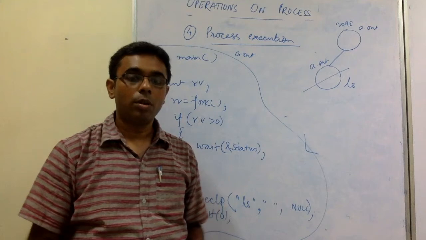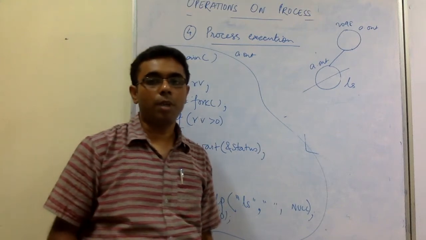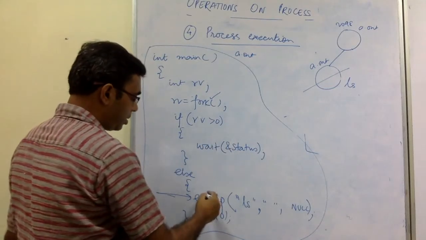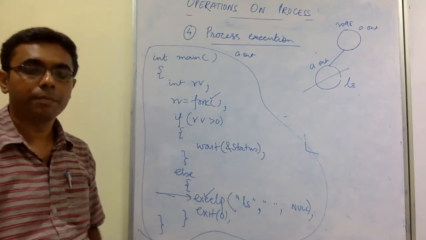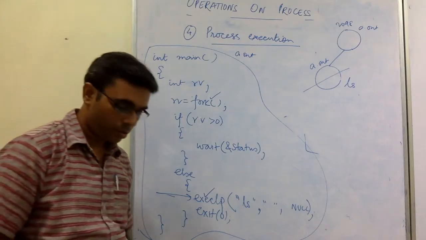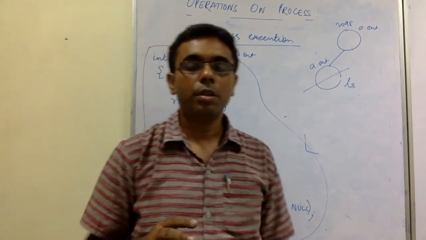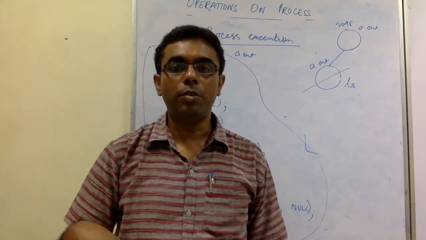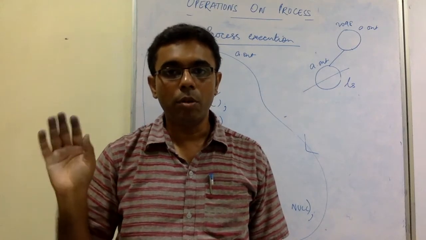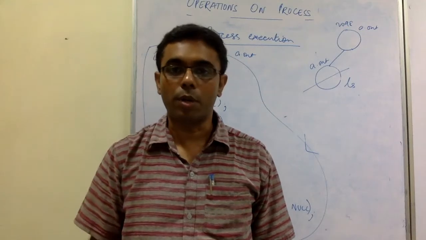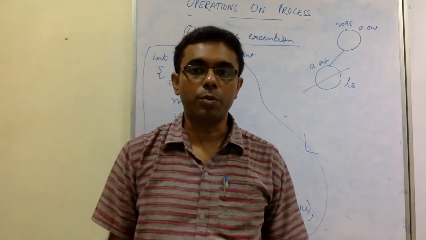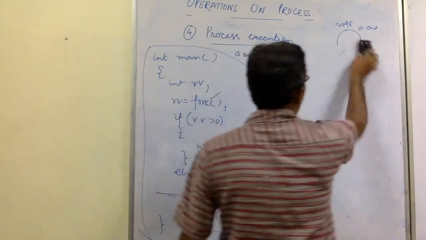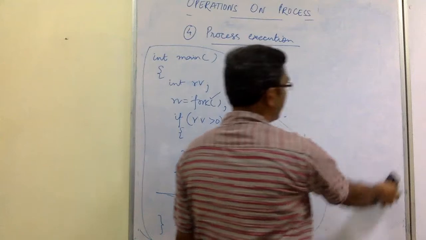And this is how you create processes from other processes, by using this fork and this execlp. So the rule is, you take a process, allow it to fork another process, and replace the newly created process by a completely new memory image of a different program. And then you have two programs which are running in a time sharing way. And that is exactly how your system creates different processes.